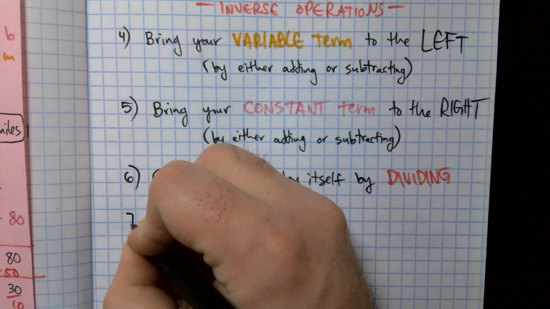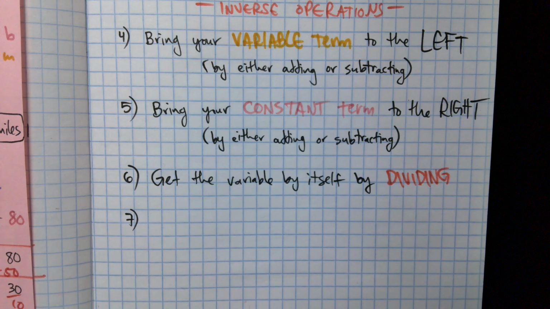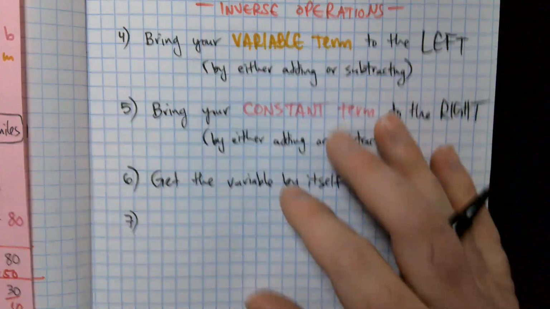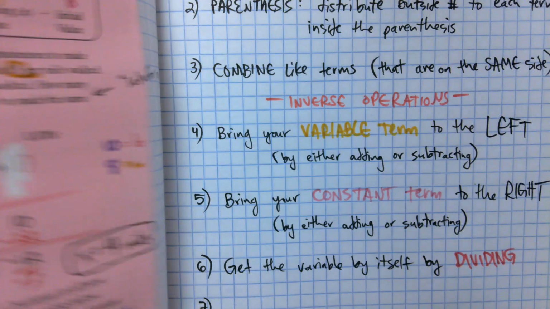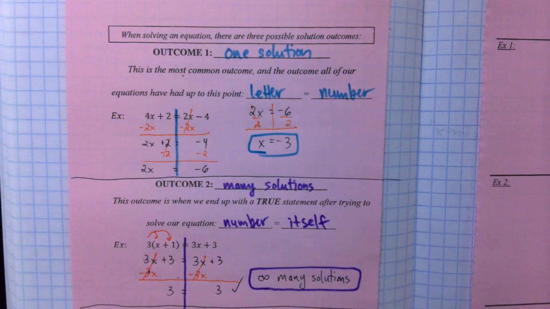What's the only thing left to do once I have my answer? We already divided. That was step 6. What comes after that? What did we learn at the end of last week that we had to identify?